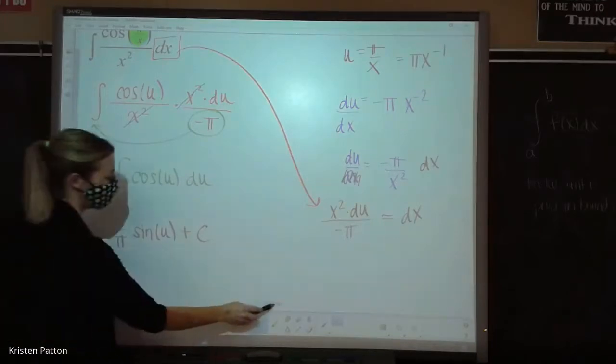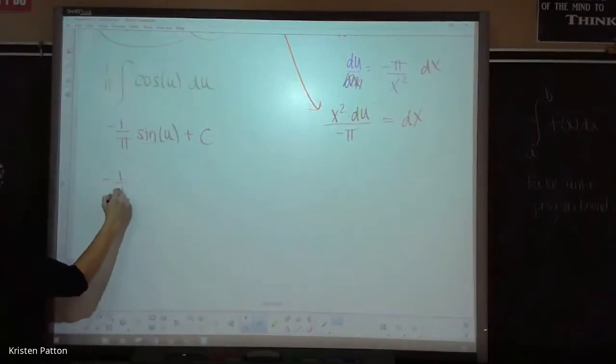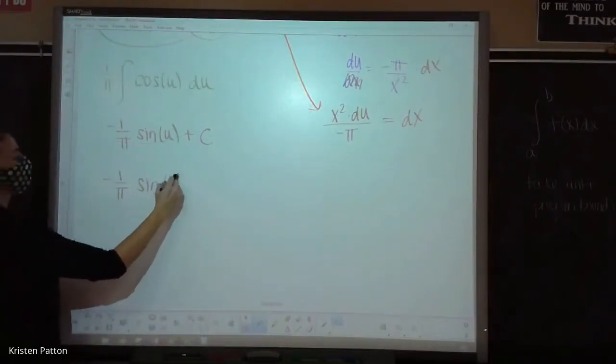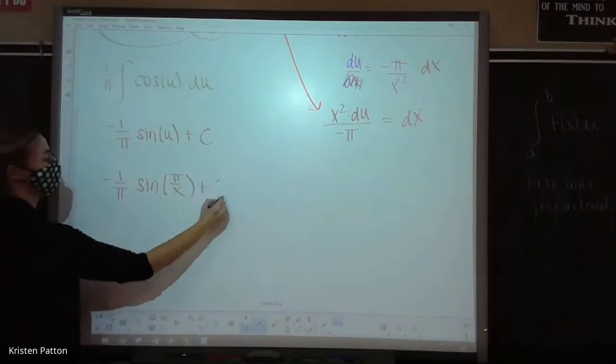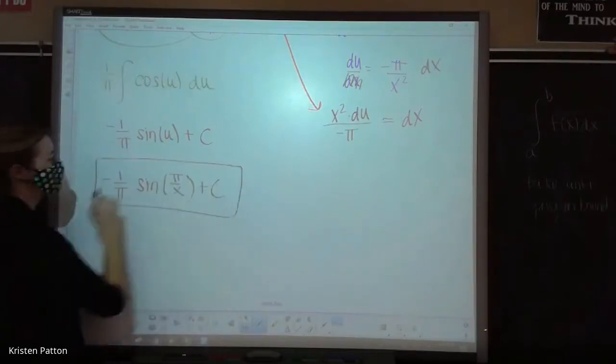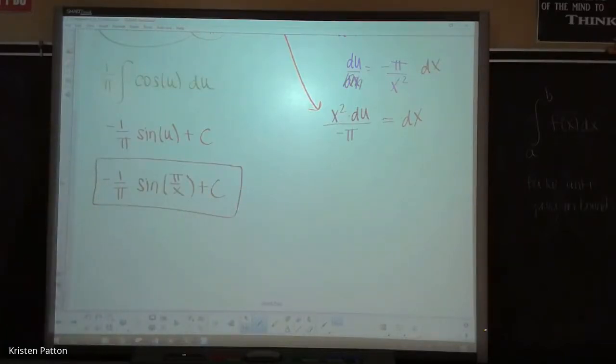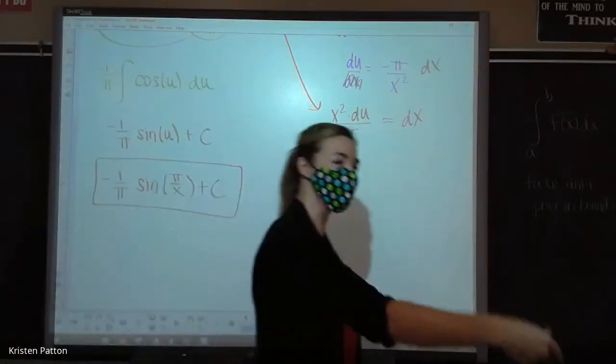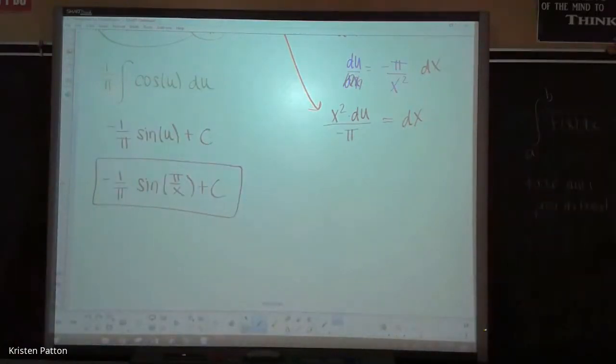So my final answer is -1/pi times the sine of pi over x plus c. But notice I wait until the very end to put those x's back in. I don't put those x's back in before I take the antiderivative. The whole point is to simplify it so that we can take the antiderivative. So I don't plug those x's in until I'm all the way done.